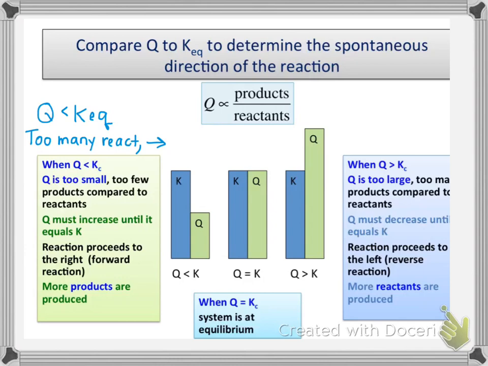And then the opposite is true if Q is greater than KEQ. That tells me we must have too big of a numerator. So that means we have too many products.